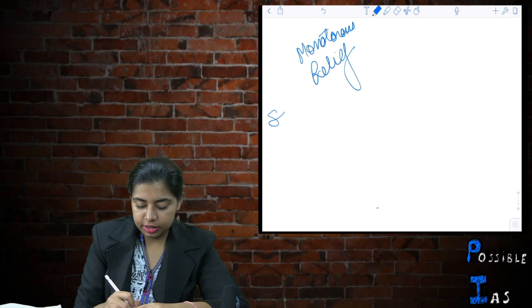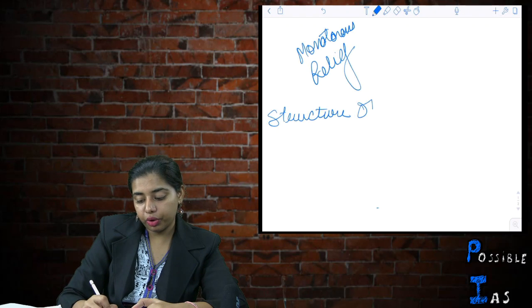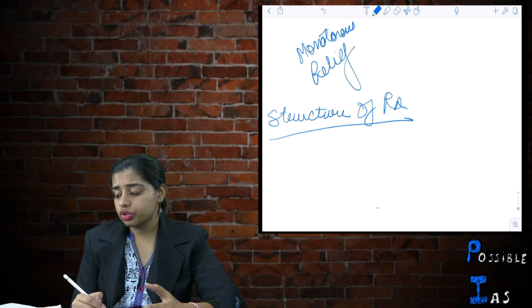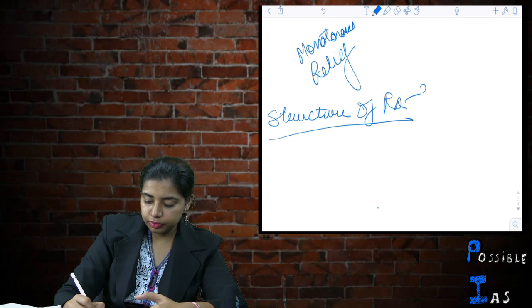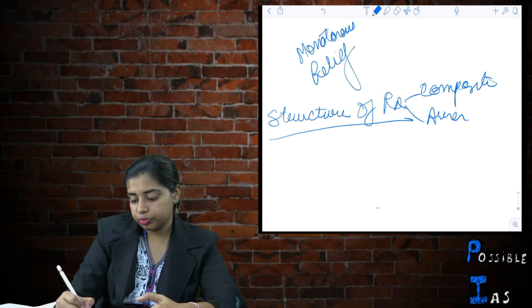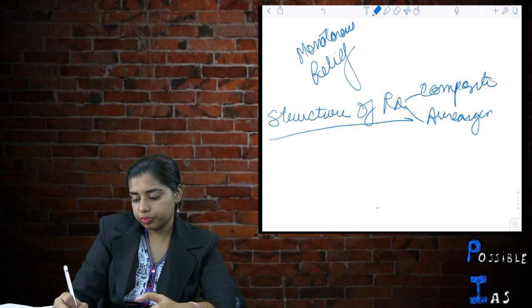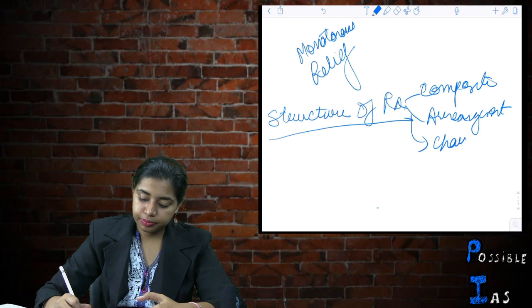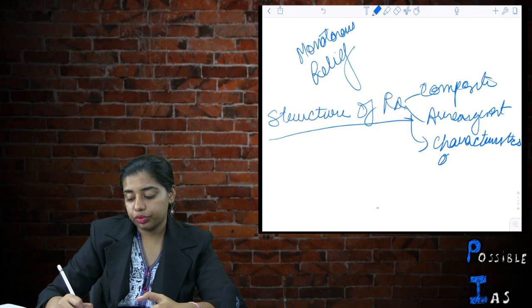Now after relief, the next term that you study is structure of rocks. This also you come across very commonly. So what is structure of rocks? Structure of rock refers to the composition, arrangement, and characteristics of rocks.